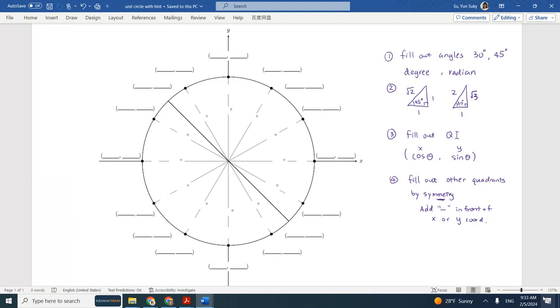So you can copy these hints on your worksheets so you know how to follow the rules and how to do this.